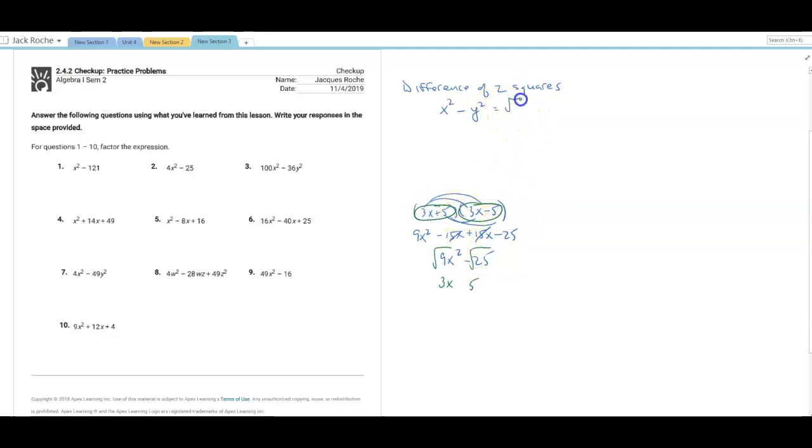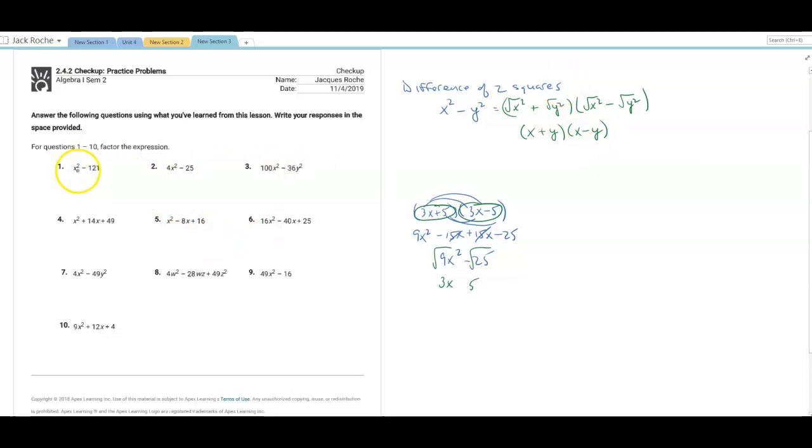So this would become the square root of x squared plus the square root of y squared, times the square root of x squared minus the square root of y squared, which ends up being x plus y times x minus y. Okay, so let's look at the first couple of examples they have here.